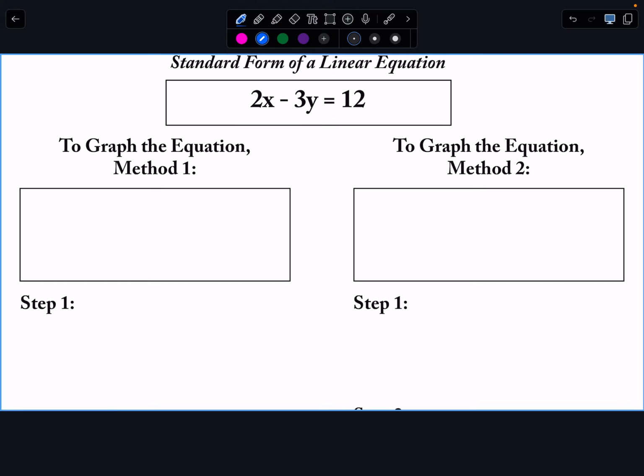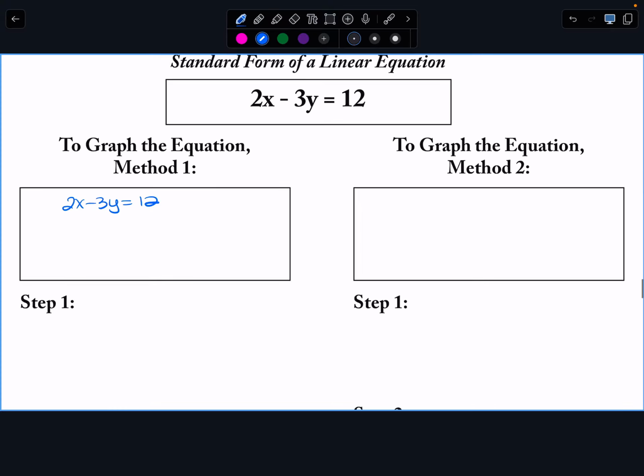But in this way, I think if I do method one, it is always to change it to slope intercept form, right? So if I have 2x minus 3y is equal to 12, what did we do in unit 3? We subtracted 2x, right? The 12 and the negative 2x don't have the same terms, because not both of them have x, so I can't combine those.